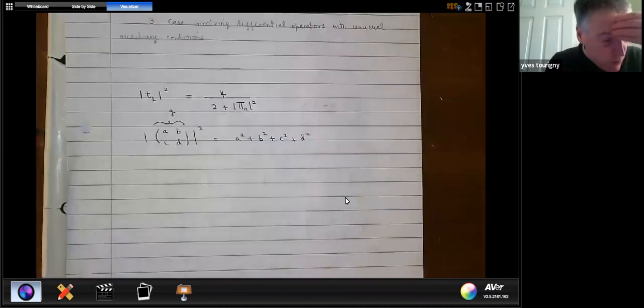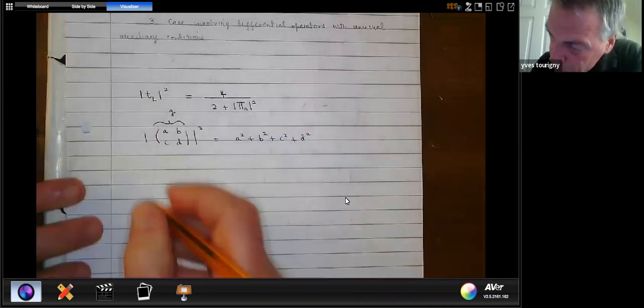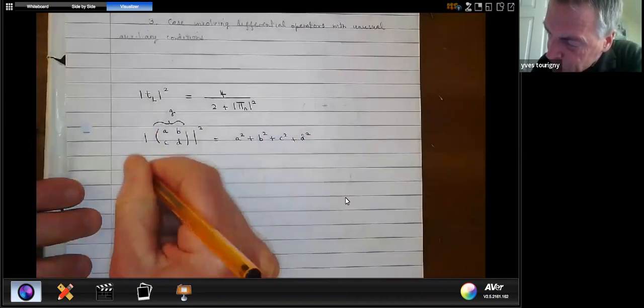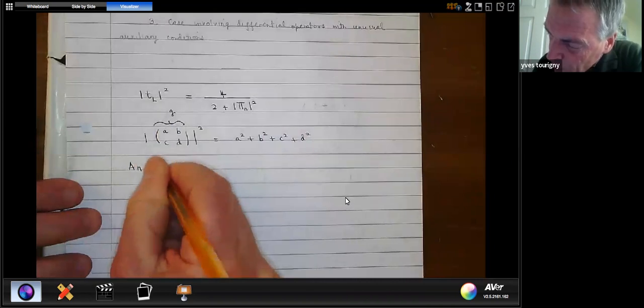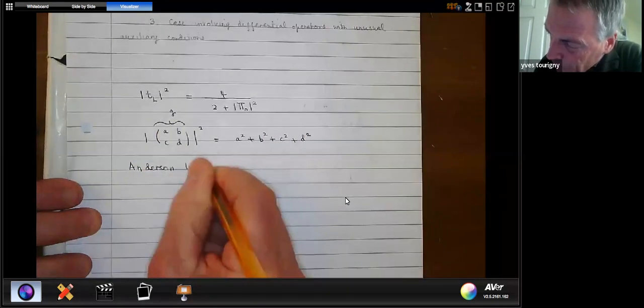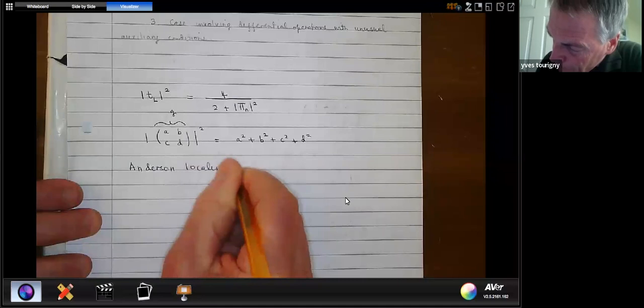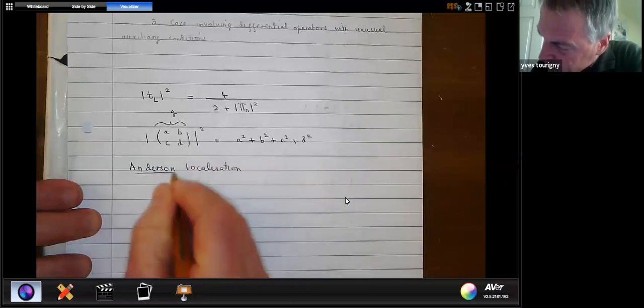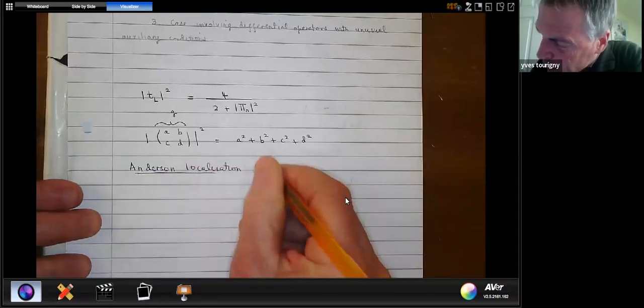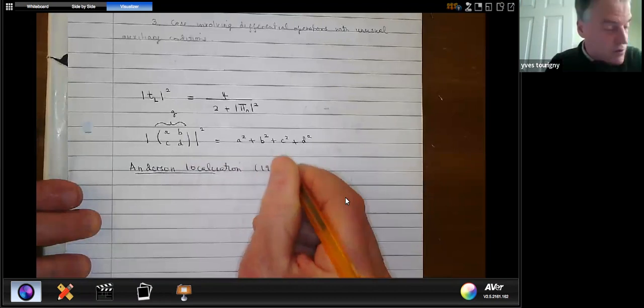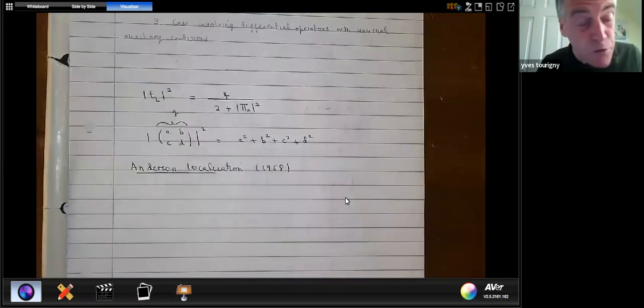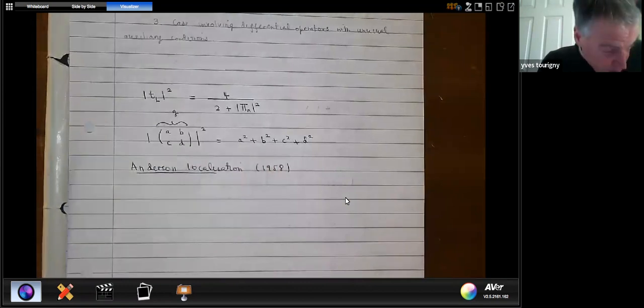Right. So now, what's interesting physically is the following phenomenon, which is called Anderson localization. Anderson wrote his famous paper in 1958. It's a well-known paper in statistical physics.